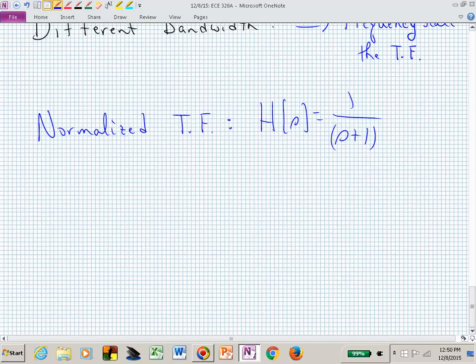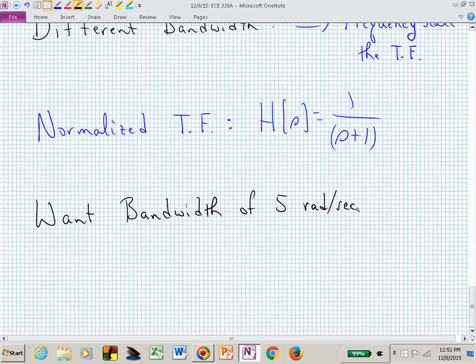All right, let's now say that we want a bandwidth of 5 radians per second. And we could specify the bandwidth in terms of hertz also. We could have a bandwidth of 10 hertz or a bandwidth of 200 hertz.